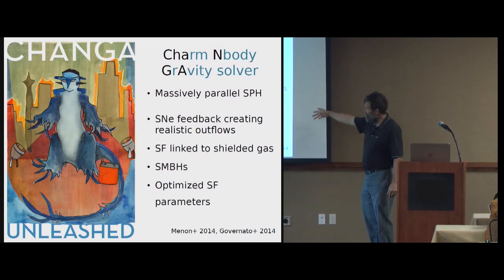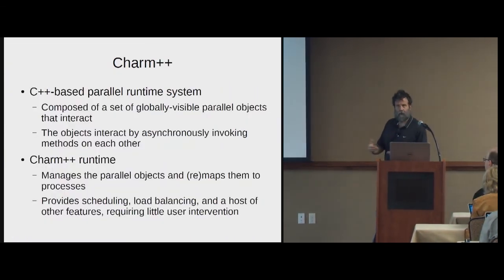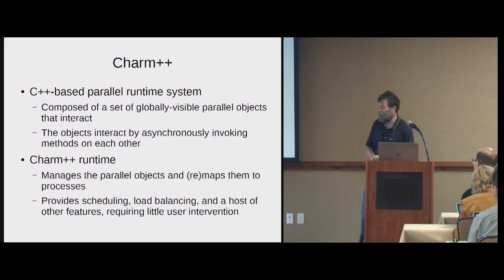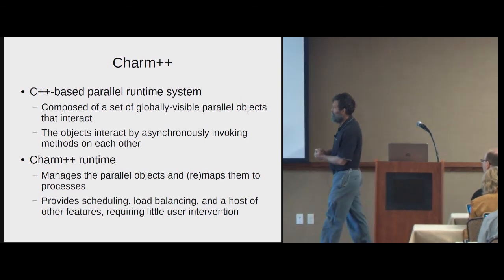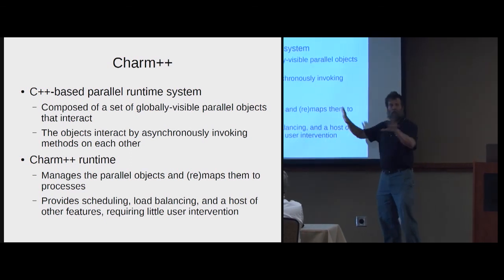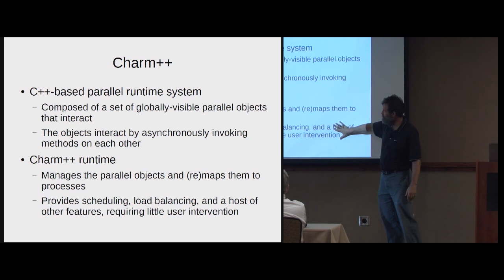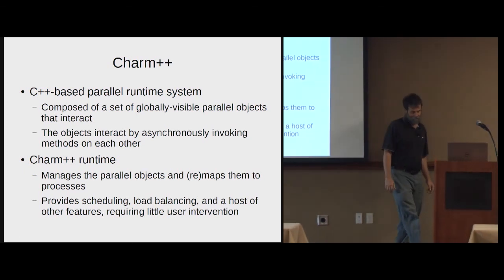It's got all this physics in it, but it's based on this Charm++ runtime system. The advantage in particular is that it can manage moving the work to available processors, well, with a little bit of hint from me, but mostly automatically.